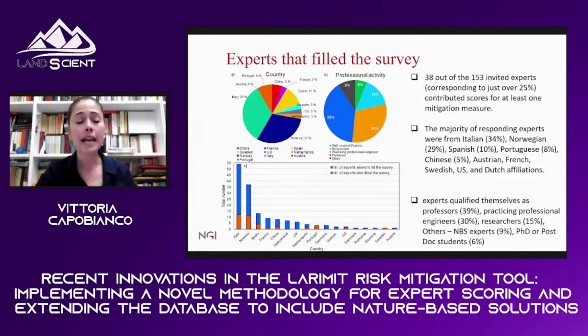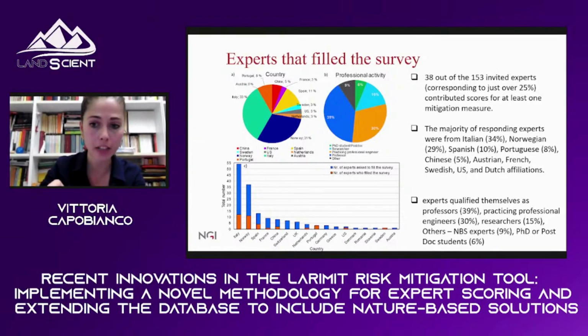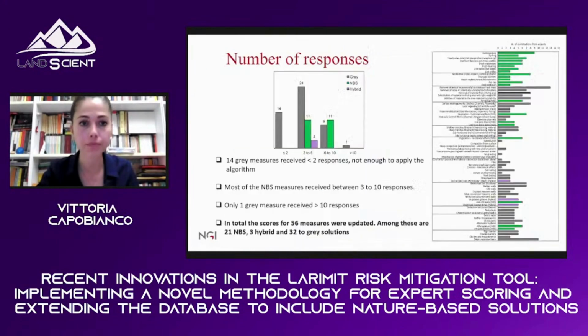Then we asked also the experts to qualify themselves in terms of profession, and about 40% were professors. The remaining 30% were practicing or professional engineers, and then the remaining were MBS experts or researchers, and only 6% were PhD students or postdoc students.